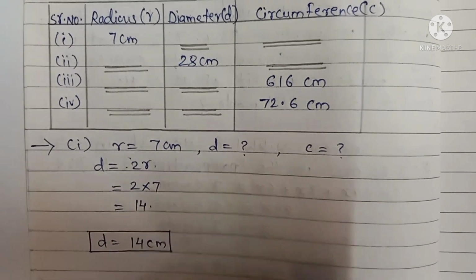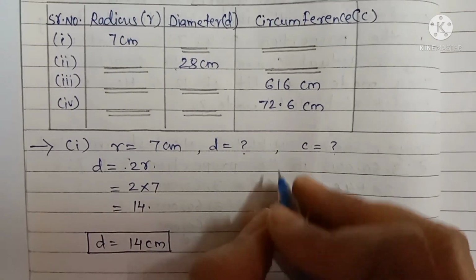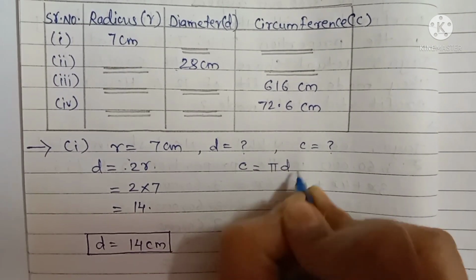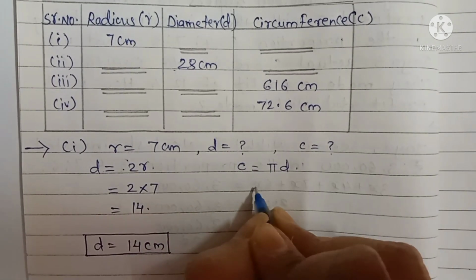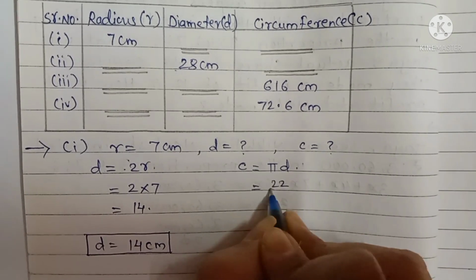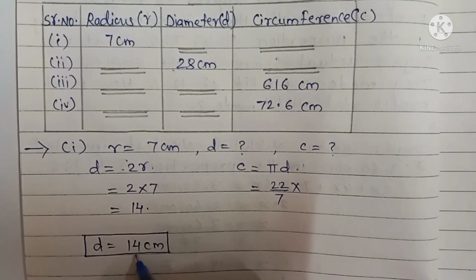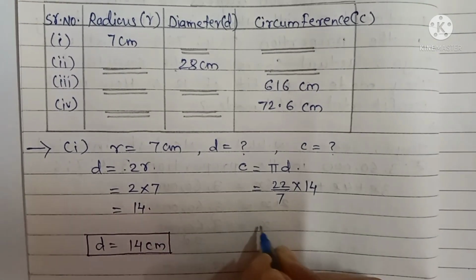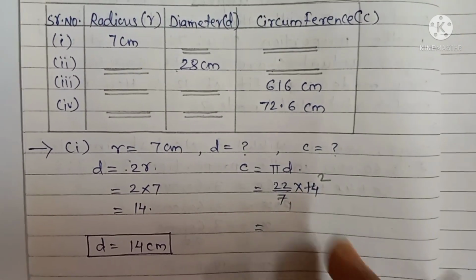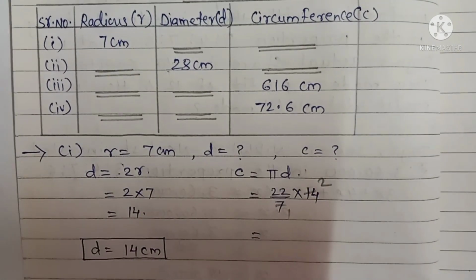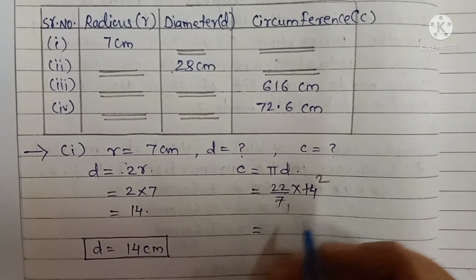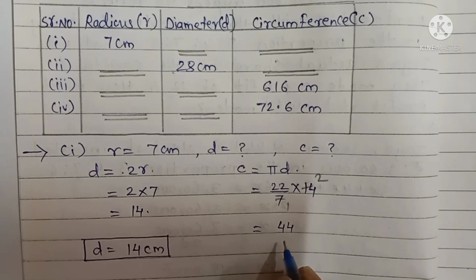Second, find the circumference. C is equal to pi D. Always remember the value of pi is 22 upon 7, into D. D is 14. 7 ones are 7, 7 twos are 14, 22 twos are 44.